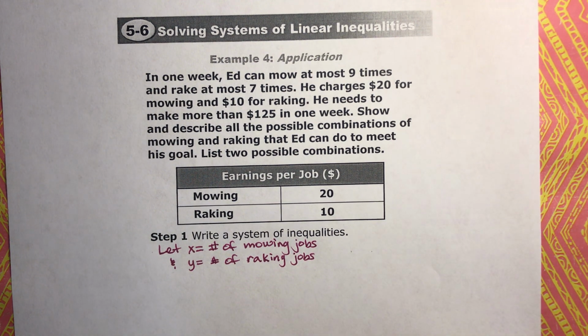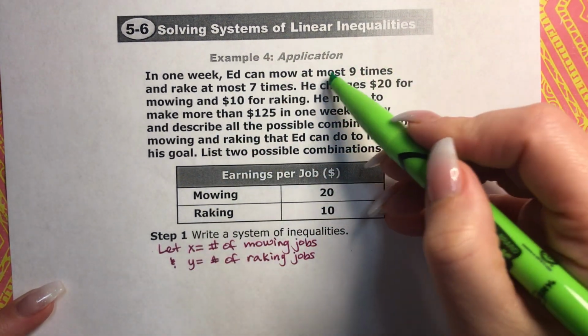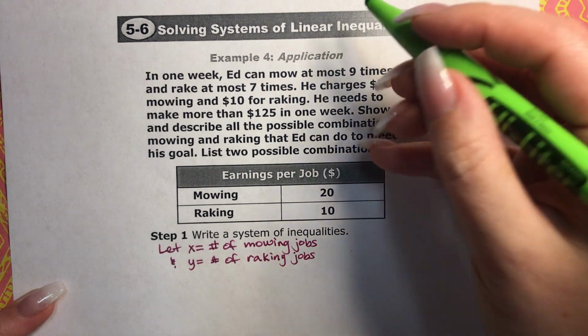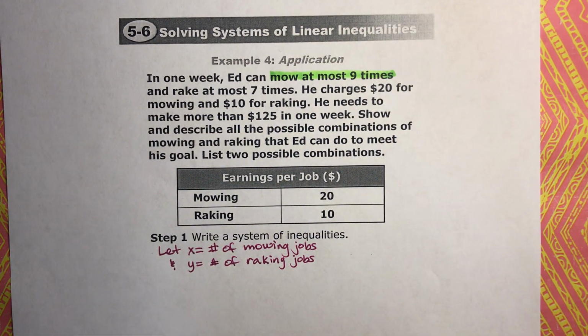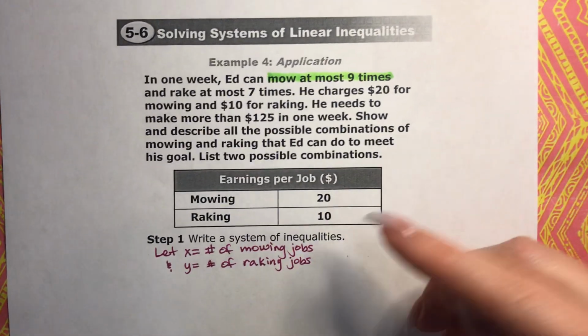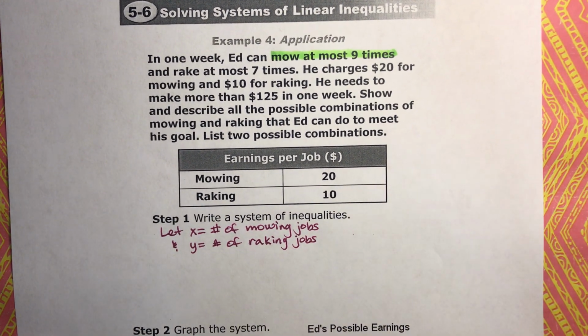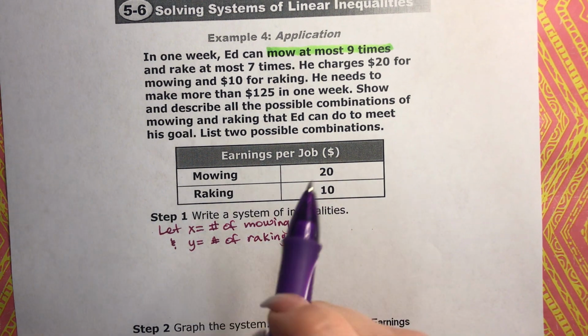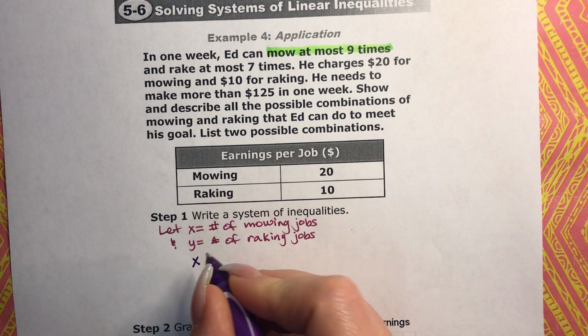Now there's so much information in this problem. So let's start with the first part. It says Ed can mow at most 9 times. That's an inequality. How would we write that? Well, mowing is the X. At most 9 times, so it's going to be X and 9.